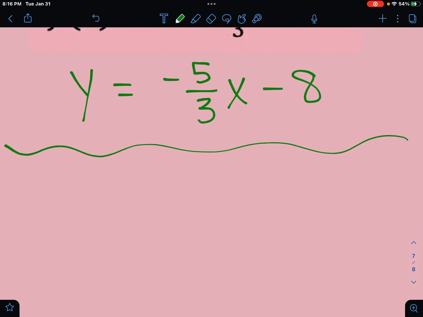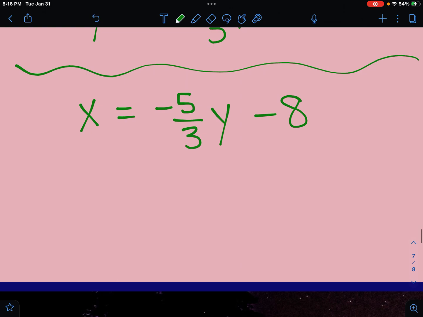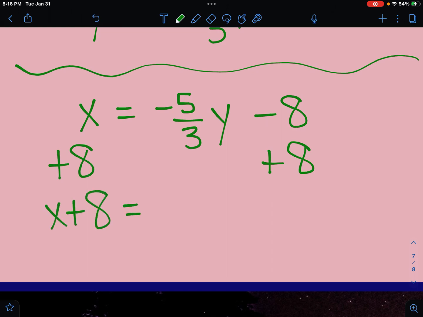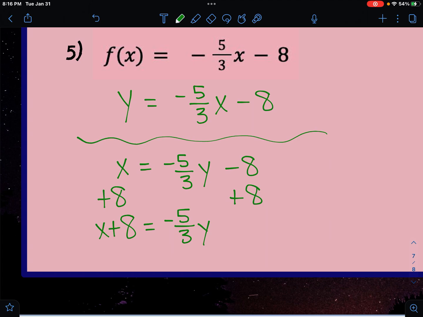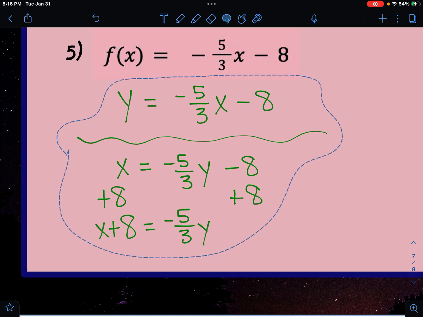Now I'm going to switch x and y. Add 8 to both sides. Ooh, that's really big. I need to make that smaller.